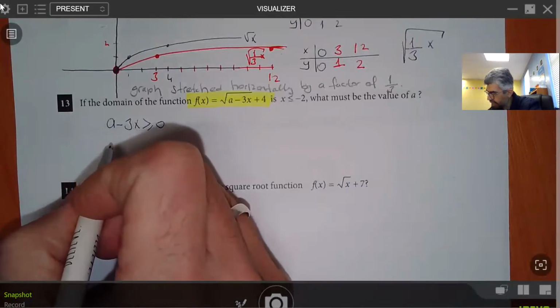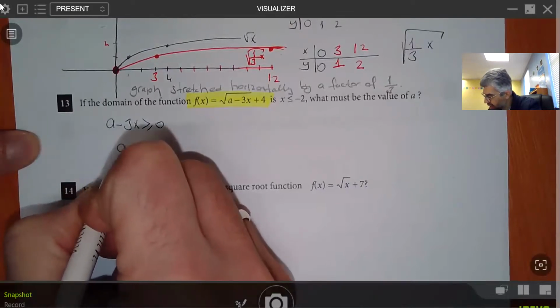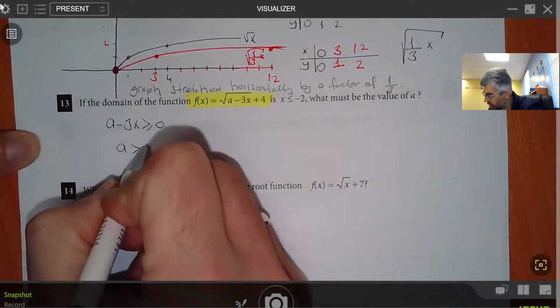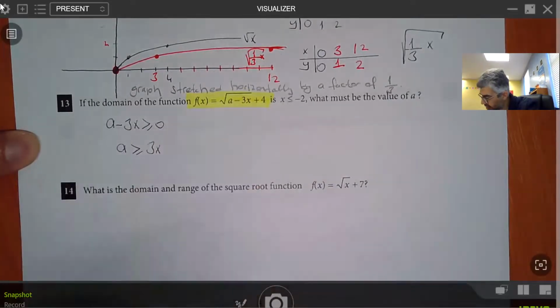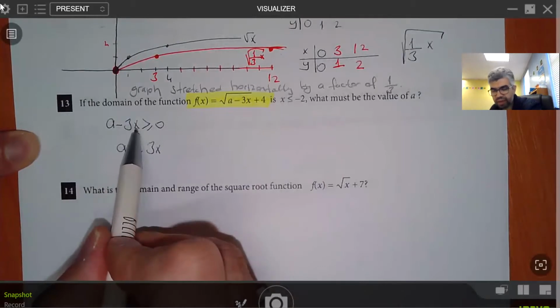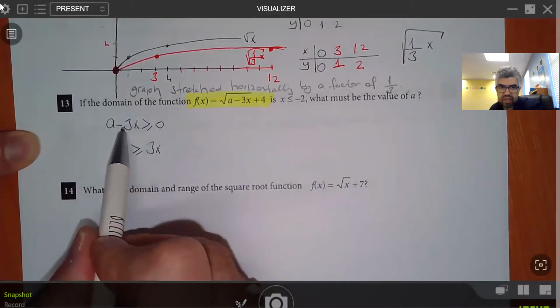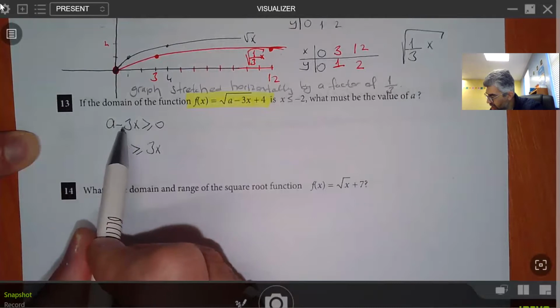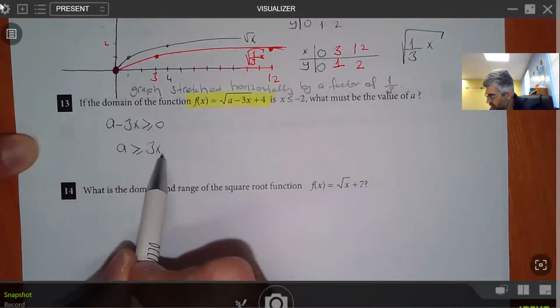So a is greater than or equal to 3x. In other words, 3x is less than or equal to a, because it's always good to have the variable on the positive side, right? So here I added plus 3x to both sides.